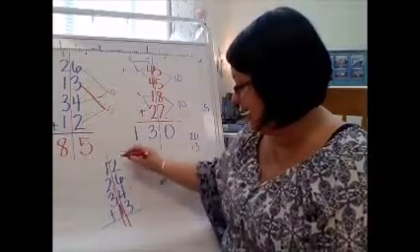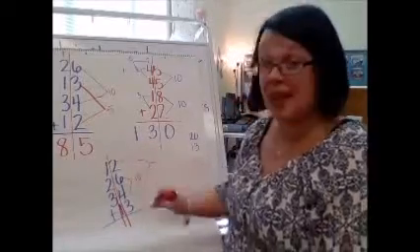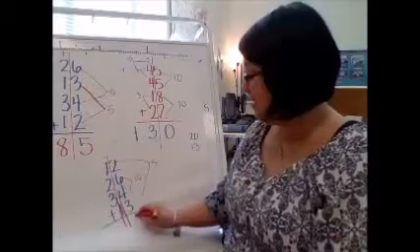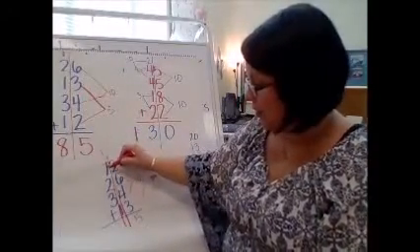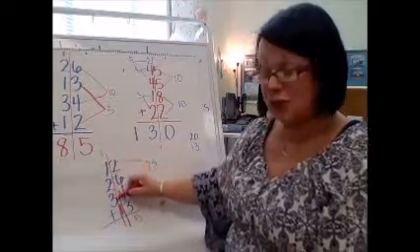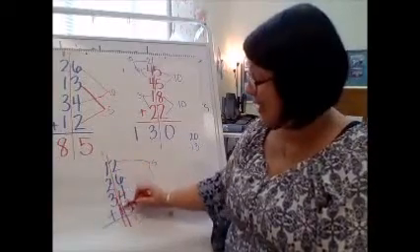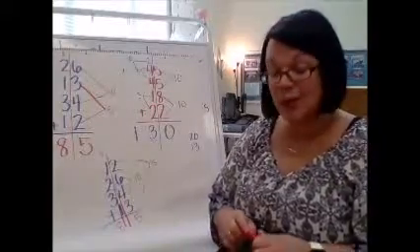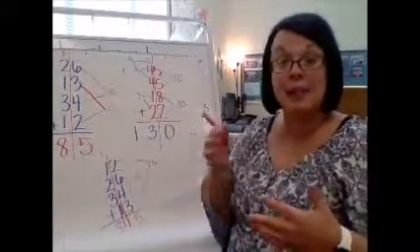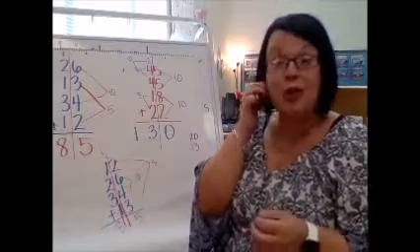I've got a 10, I've got a 5, so 10 plus 5, 15. 5 ones and 1 ten. 1 plus 1 is 2, 2 plus 2 is 4, 4 plus 3 is 7, and 7 plus 1 is 8. Guess what, guys? I still got the exact same number, and that's because the order doesn't matter when you're adding numbers together.